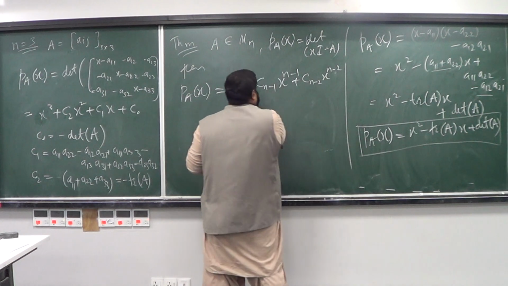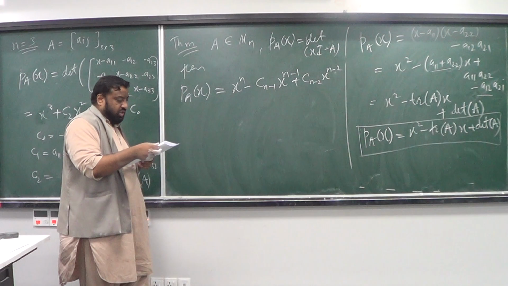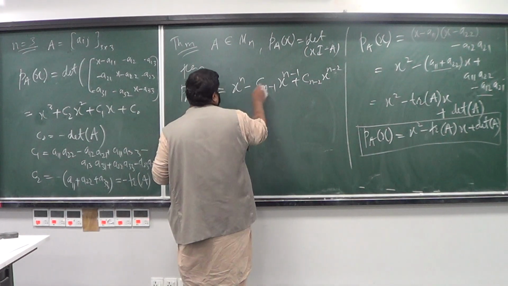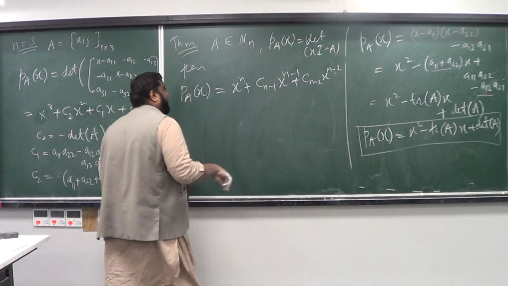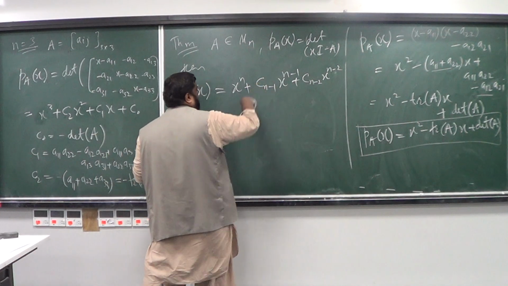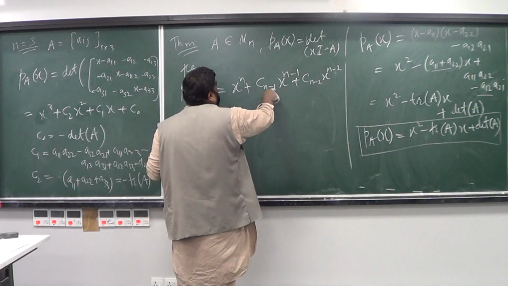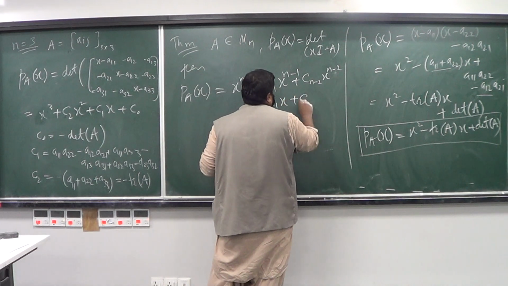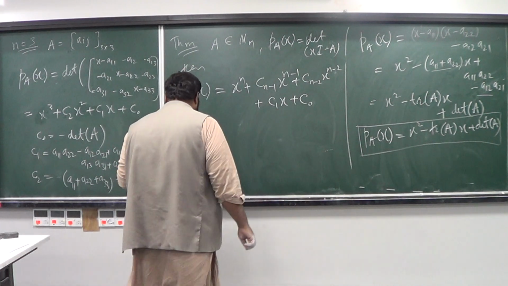So it's a polynomial with alternating terms. Or if you wish, you can put a plus and write the alternating sign in the coefficient by putting minus 1 to the power n. So PA is x to the n, minus c(n minus 1) x to the n minus 1, and so on, plus c1 x plus c0.